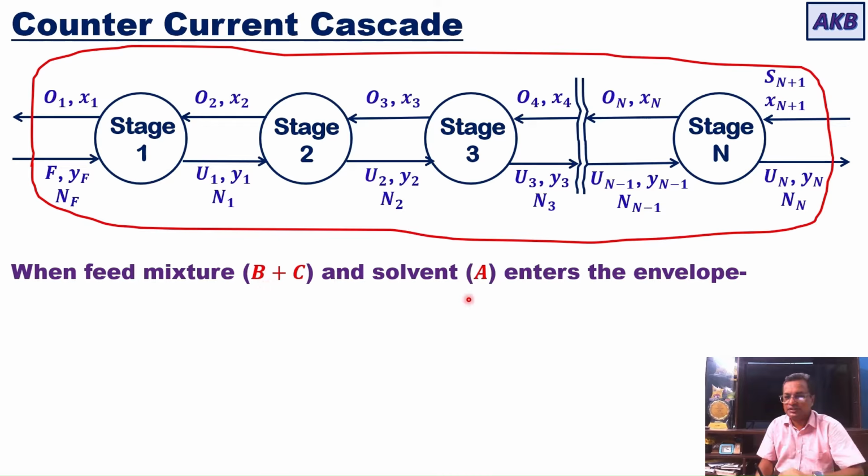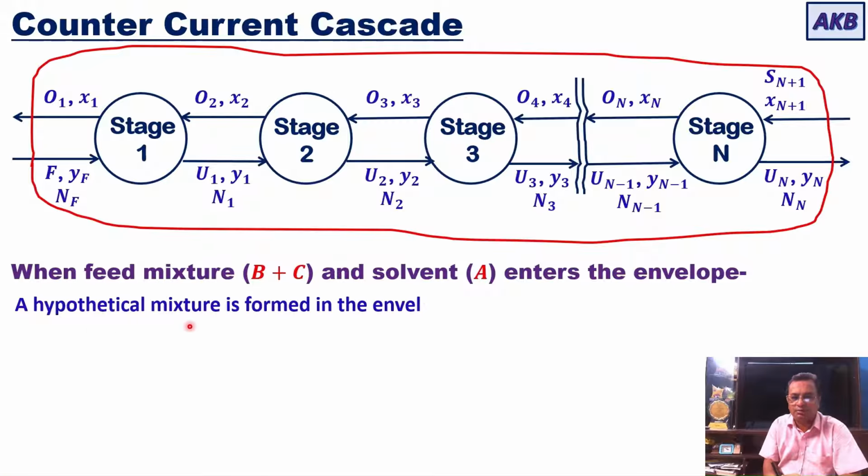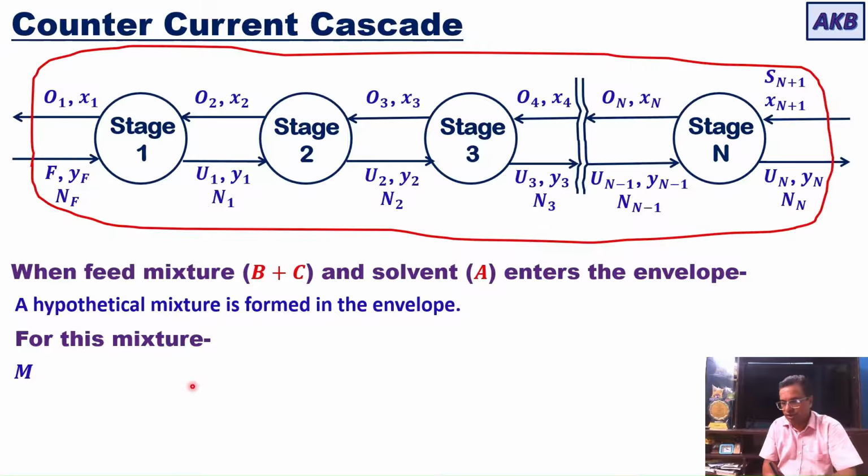So when the feed mixture, that is B plus C, and solvent enter the envelope, we are going to assume a hypothetical mixture to be forming in the envelope. For this mixture, let us use these notations.